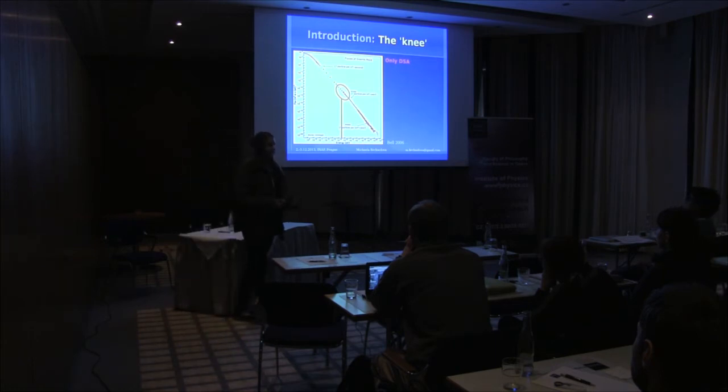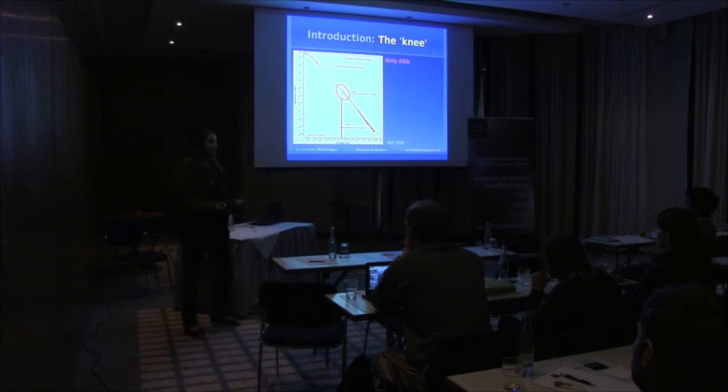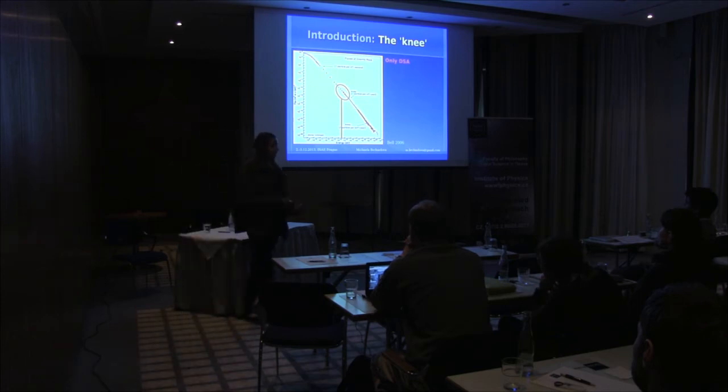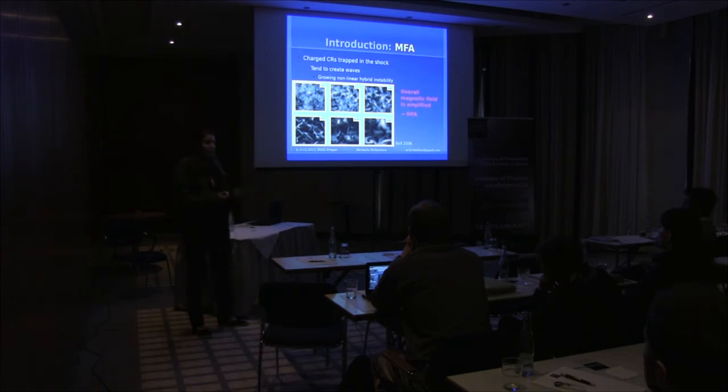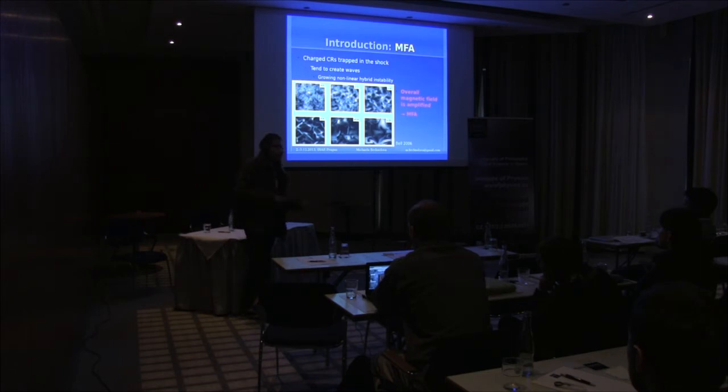Nevertheless, astrophysicists Bell and Lucek continued with the simulations and came up with a theory of magnetic field amplification, according to which the cosmic rays that are confined in this shock tend to create waves because of their charge, and these waves result in a magnetic instability.